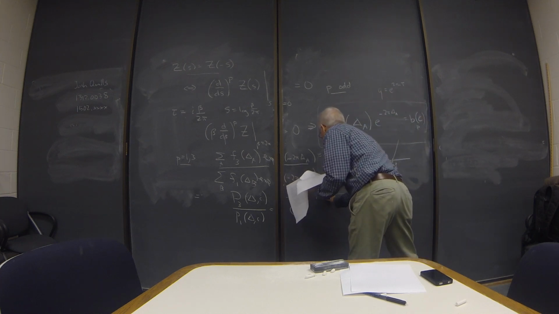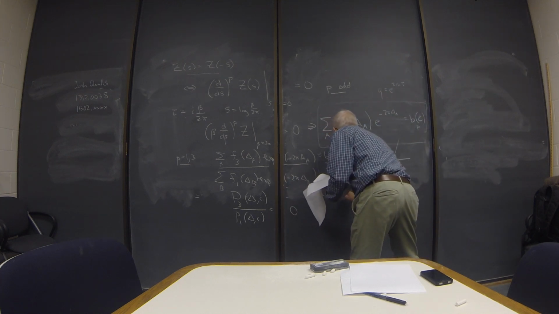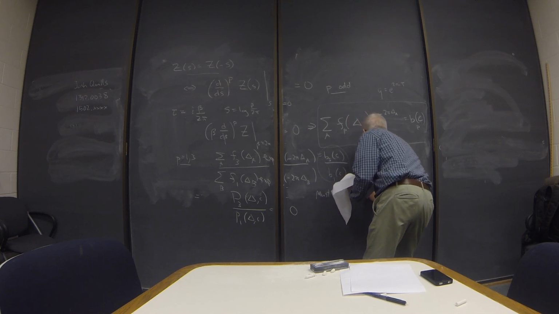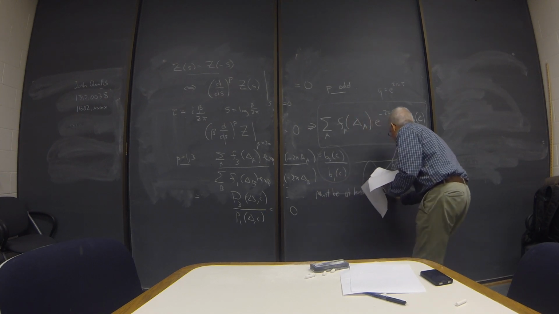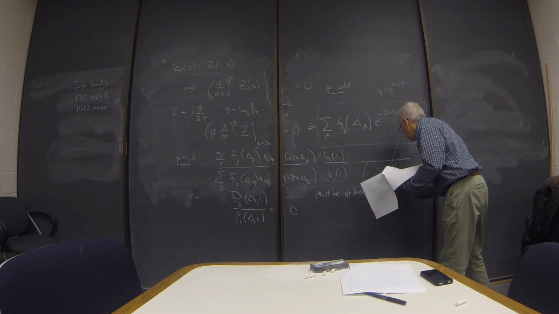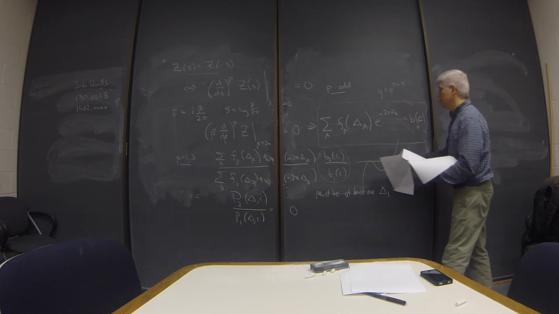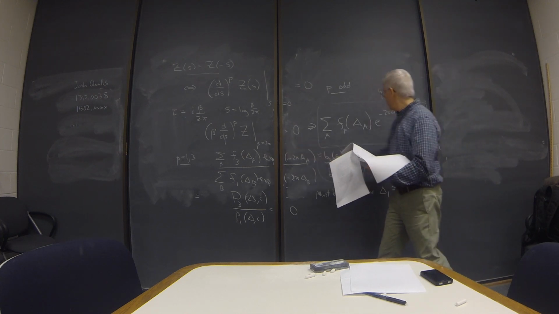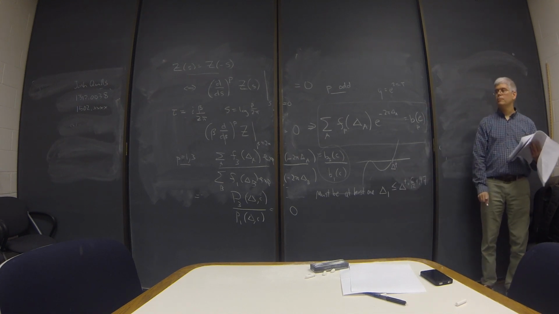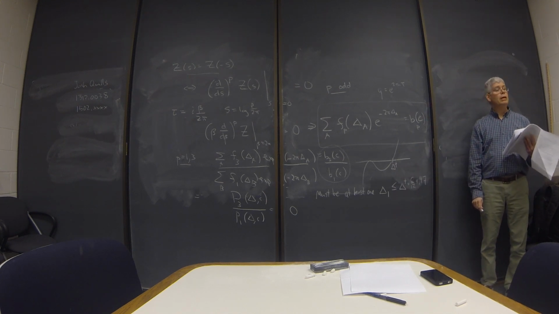So there must be at least one operator with dimension delta 1 less than or equal to delta plus. And delta plus you can evaluate in terms of the coefficients here. It's just C over 12 plus 0.47. So that's how the proof goes.